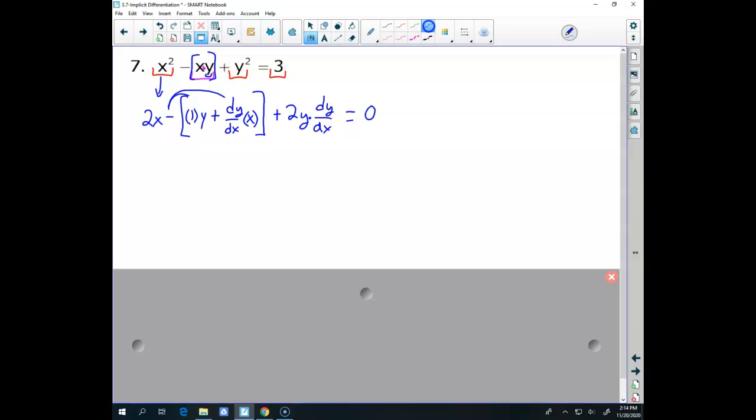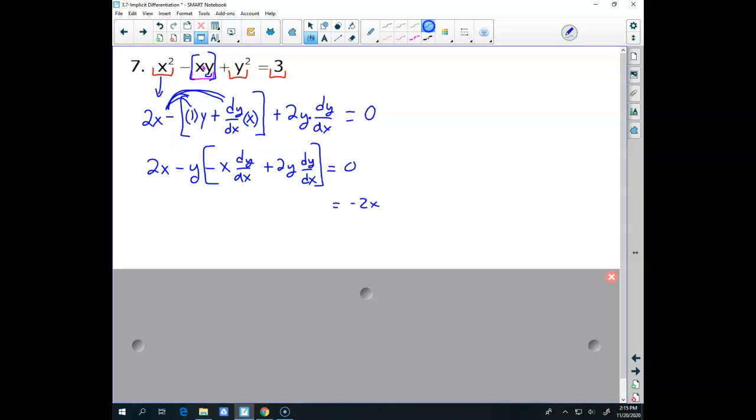Okay? So I'm going to look and say 2x minus y minus x dy/dx plus 2y dy/dx equals 0. I distributed that negative. Now what I want to do is, in my mind, I want to nest these guys here on this side. I want to move the 2x over here.